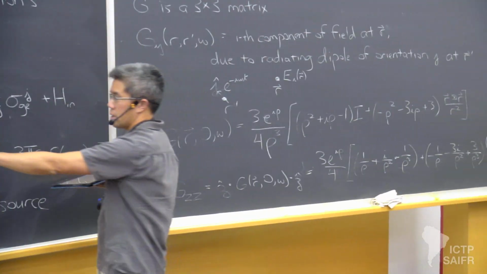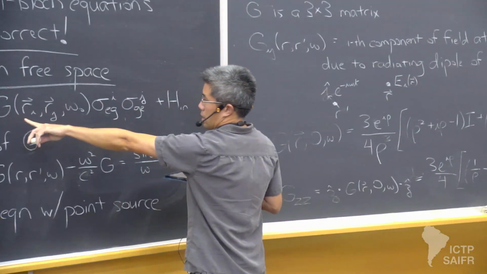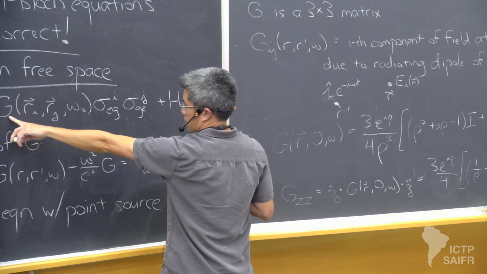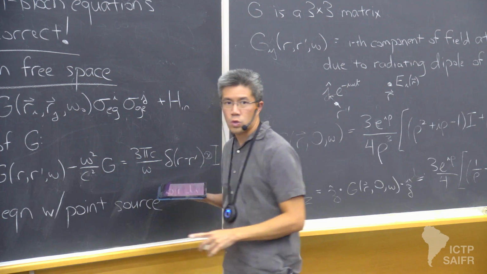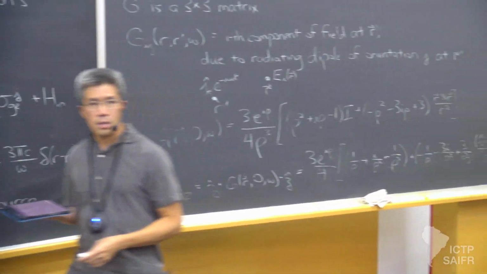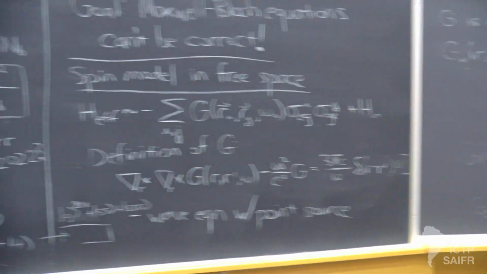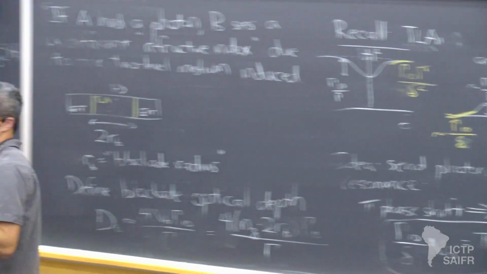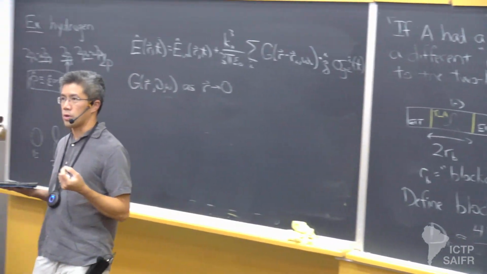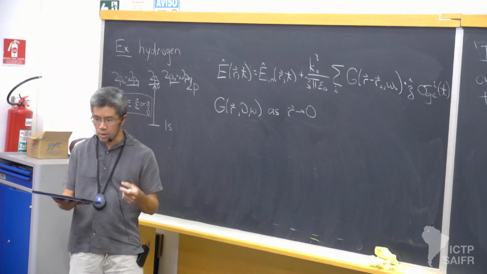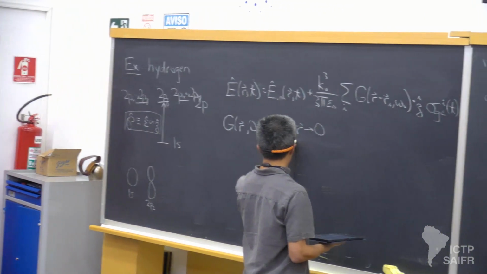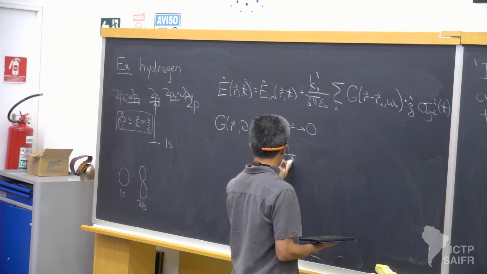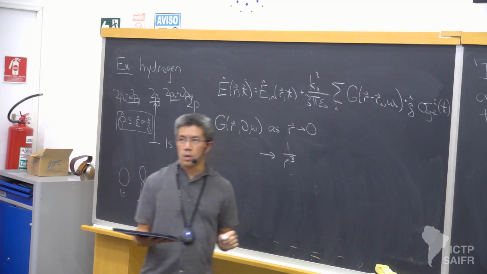So i and j can be the same thing, and so we have a component where we have to evaluate G where the observation point and the source point are the same. And of course, if you have a point dipole, the near field goes like 1 over r cubed. So there's a singularity associated with that. So this thing in the near field has a real component that goes like 1 over r cubed.